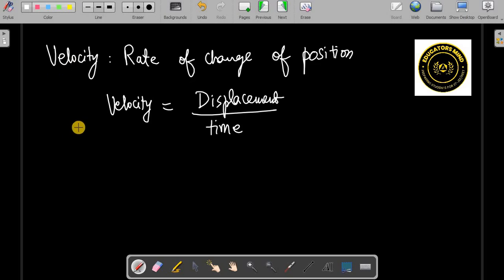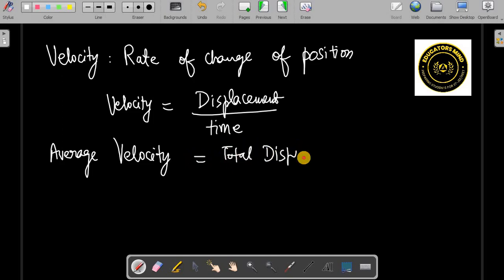And now if I want to write again average velocity, average velocity will be total displacement by total time.